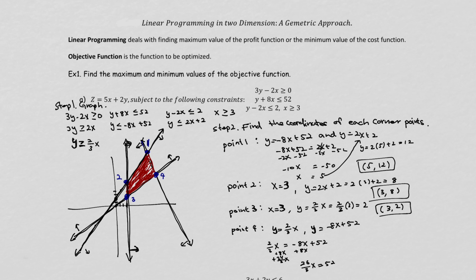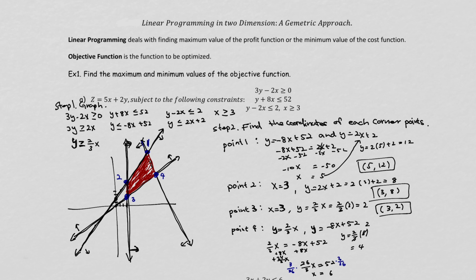When you multiply both sides by 3 over 26 to isolate x by itself, I will get x equals 6. When you replace that into y equals 2 over 3 times 6, your y value is going to be 4.